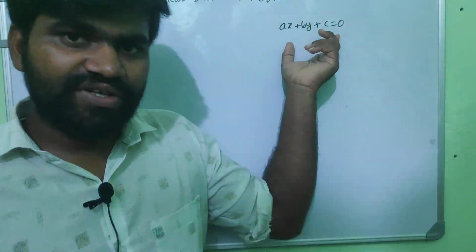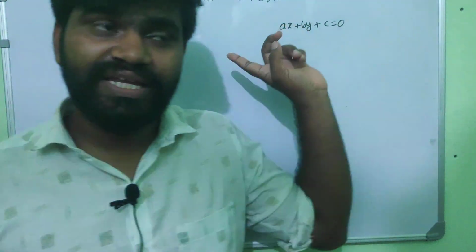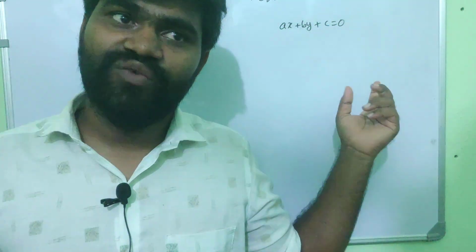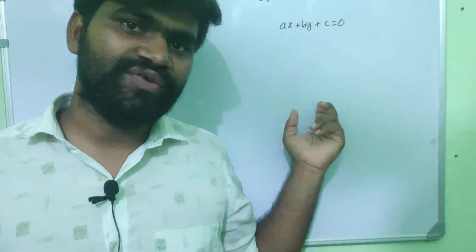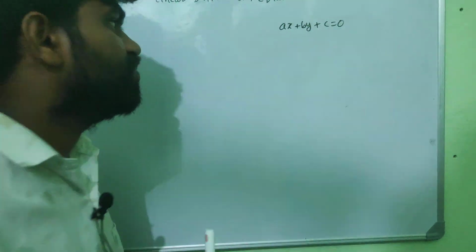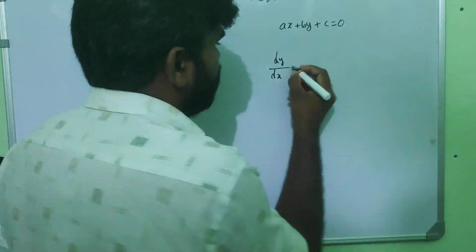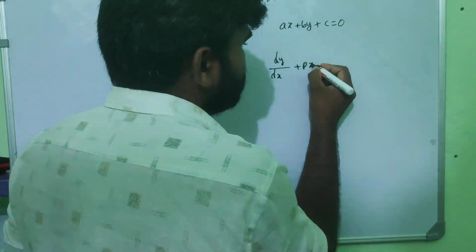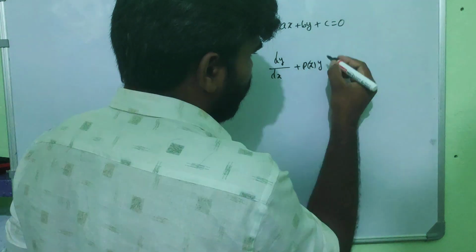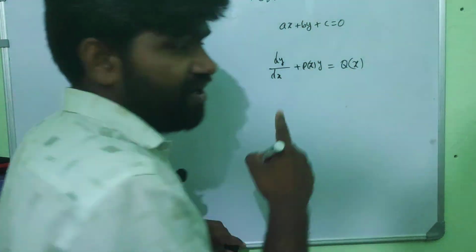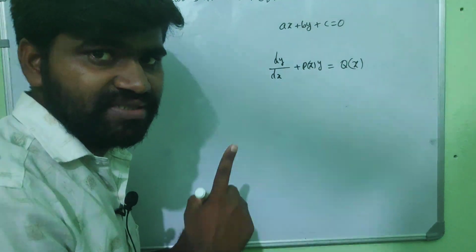Like the linear equation in x and y, if we have a linear equation in y and its derivative, then it is called a linear differential equation. You didn't get it, right? Just look at the board. An equation which is of the form dy by dx plus p of x multiplied with y is equal to q of x is called a linear differential equation.